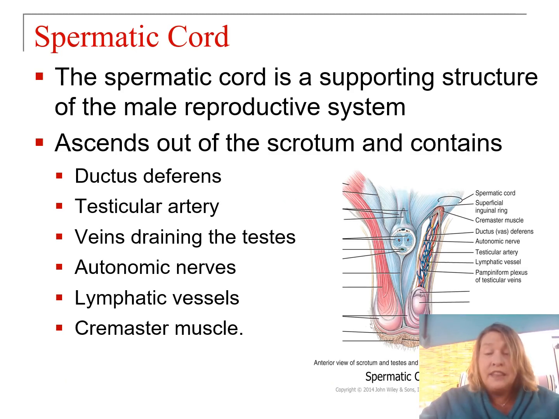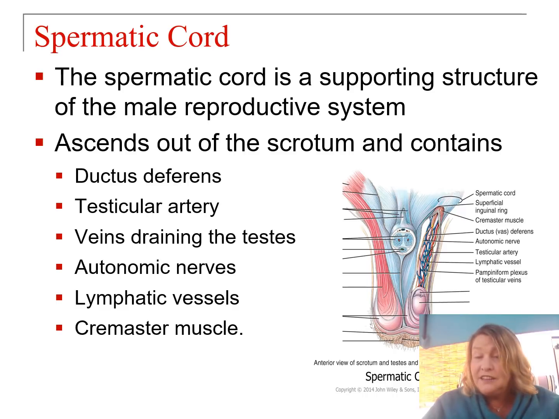Okay, so finally we're going to talk about the spermatic cord. And we're not going to go into major detail about it, but it's important that you know what it contains. It ascends out of the scrotum, and it contains a whole bunch of things that support the testis. The ductus deferens, of course, which carries the sperm out. The testicular artery.